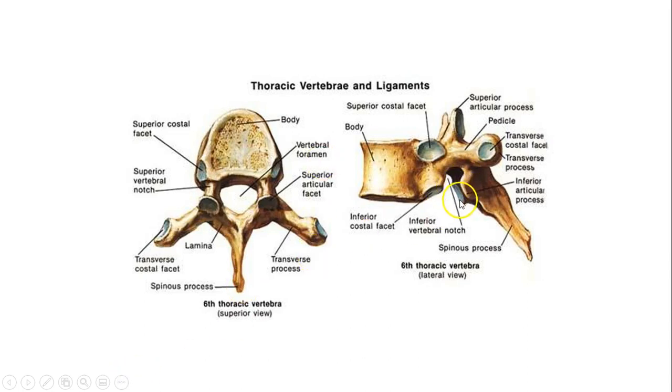Sorry. Inferior articular process right here. Do you think it has a facet on it? Yeah. Look at my superior articular process. Has a facet. And there's my inferior articular process, has a facet.